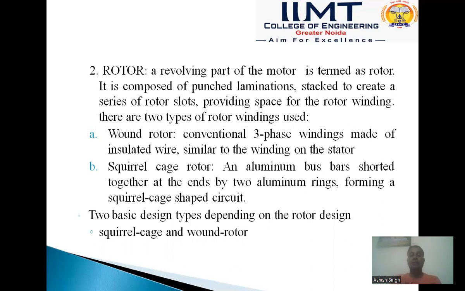That's why it is named the squirrel cage rotor. Depending upon the rotor design we use, they are further subdivided into squirrel cage induction motor or slip ring (wound) induction motor.